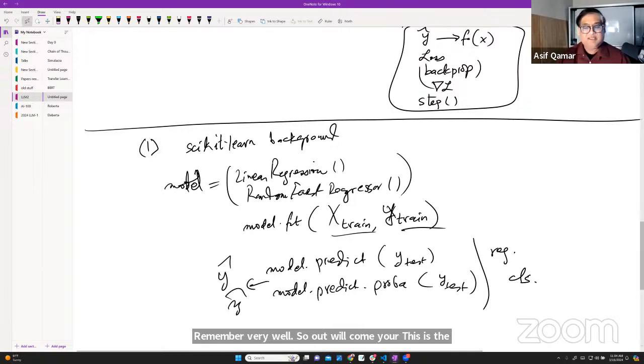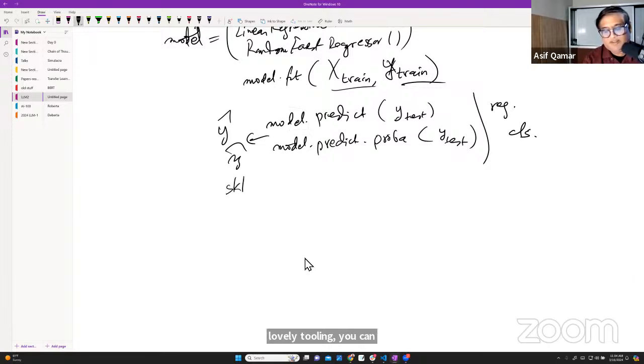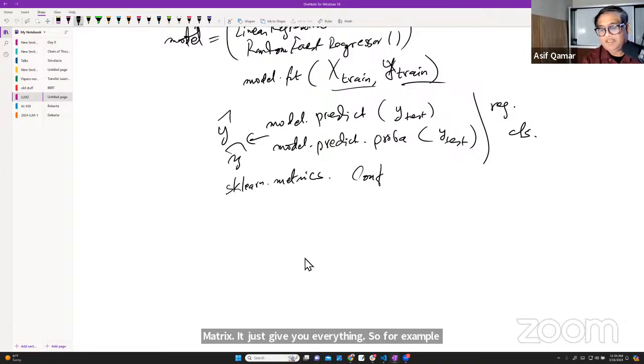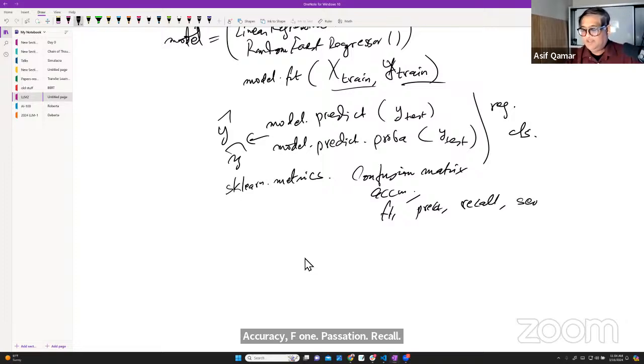Once you get the y-hat, the good thing with scikit-learn is that you have lovely tooling. If you look at sklearn metrics, it will give you everything. So for example, if it is classification, you can do the confusion matrix, accuracy, F1, precision, recall, sensitivity, specificity.